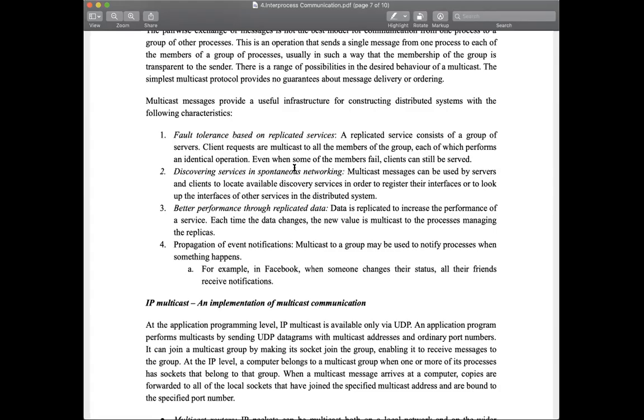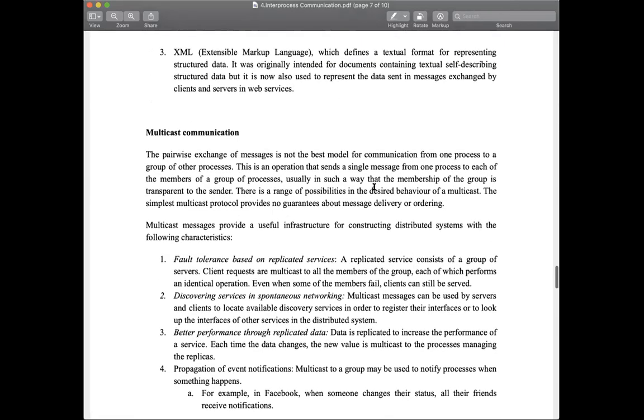So likewise, in a distributed system we are talking about many nodes or many connected machines.